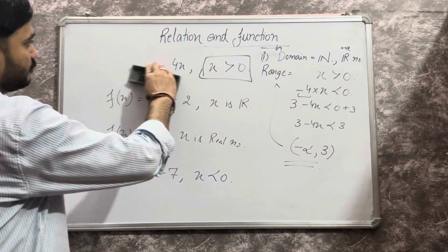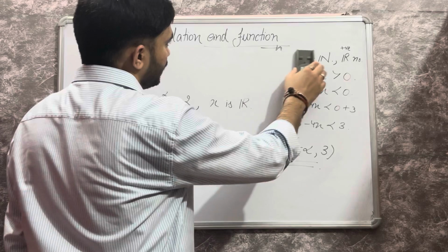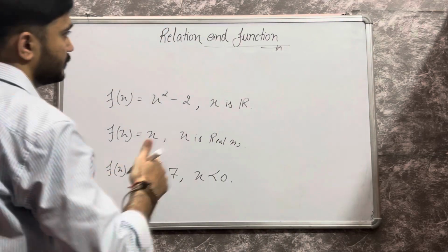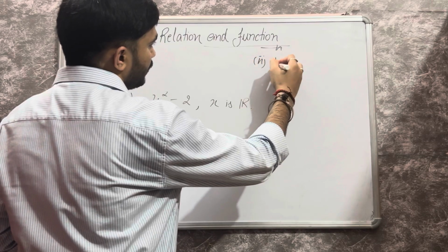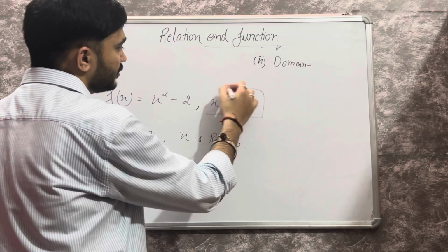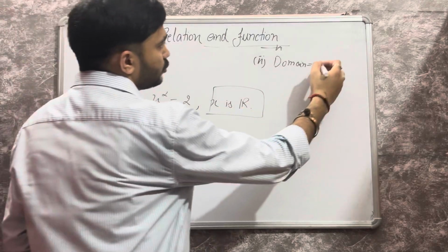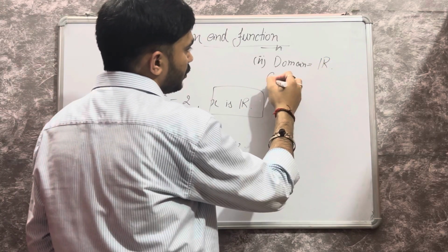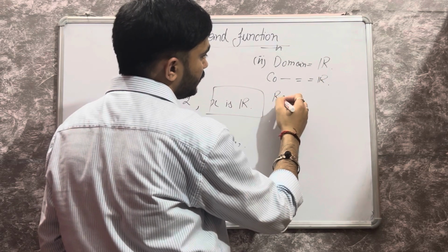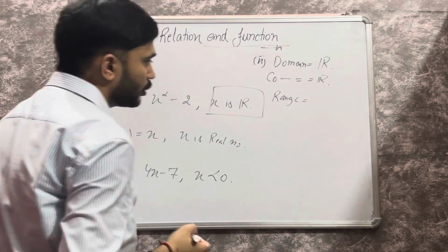Now let us move forward to the second part. What is its domain going to be? As given in the question, x is in R, so the domain is R. The codomain is also R. If you have to find the range of this, what are you going to do?